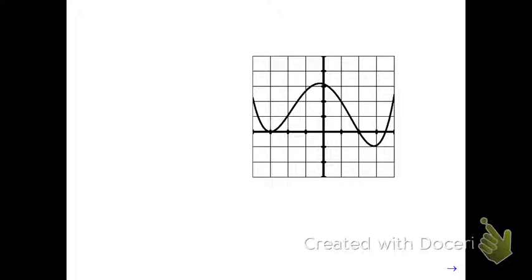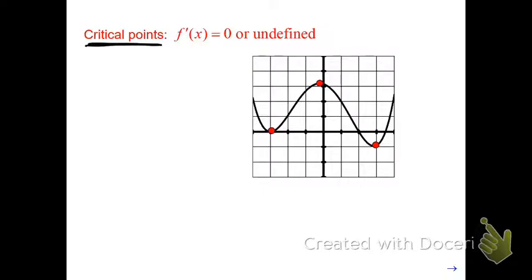Okay, the next important term that you'll need to know is critical point. Critical points, and you'll have to know this definition cold. Critical points are defined to be where the derivative is either 0 or undefined. Well, derivative is slope, so that's where my slope is 0 or undefined.